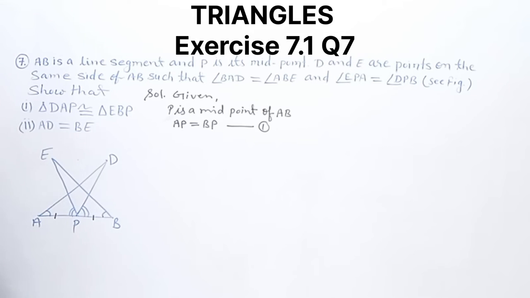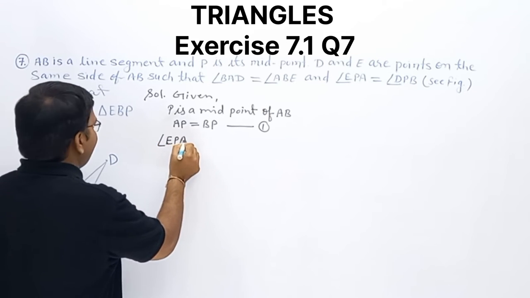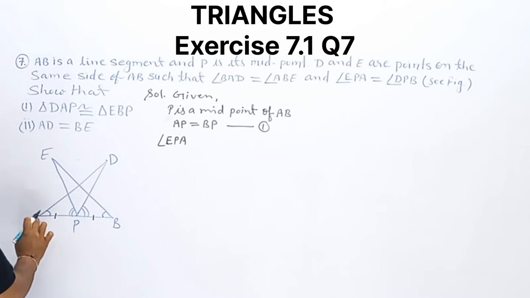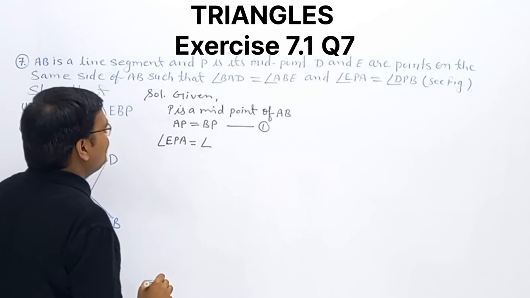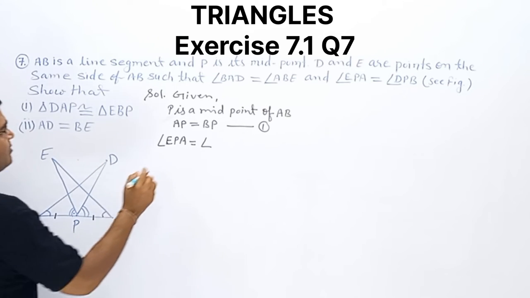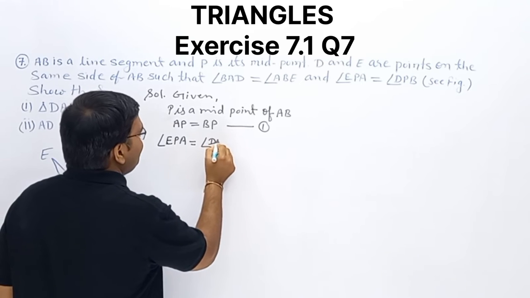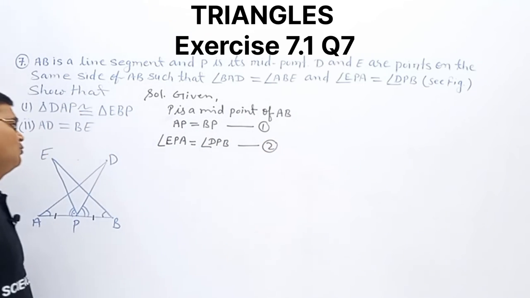This angle EPA equals angle DPB, clear? I am putting this one as equation number 2. This thing is also given to us.